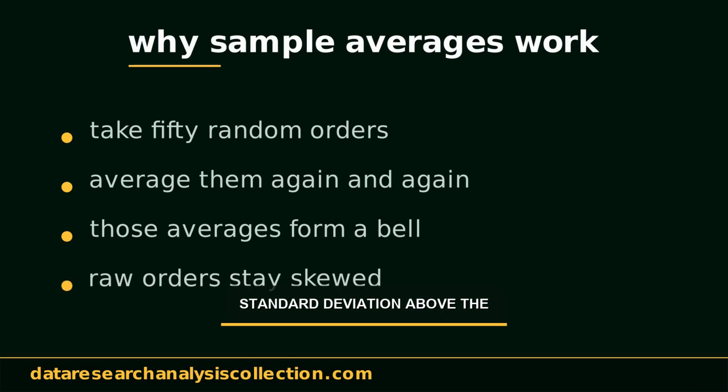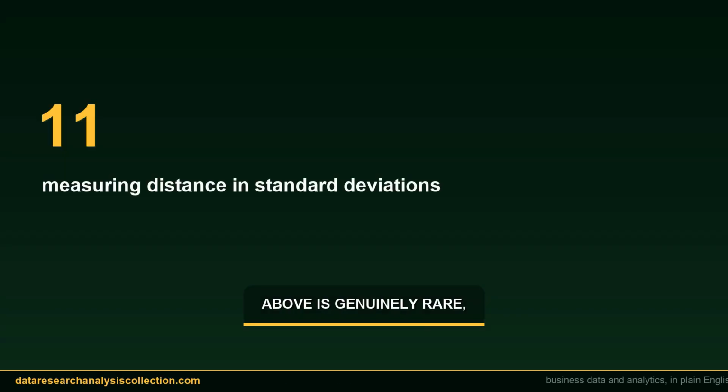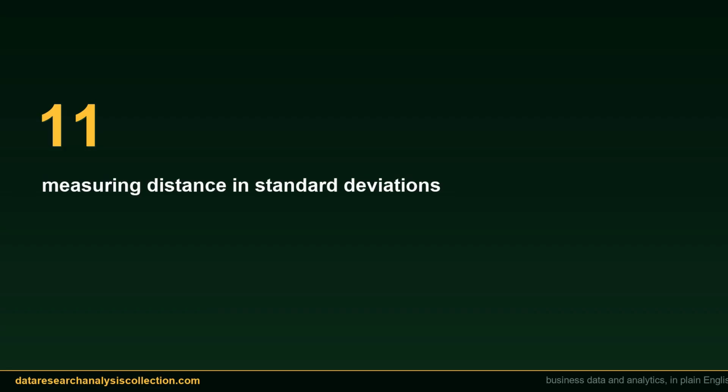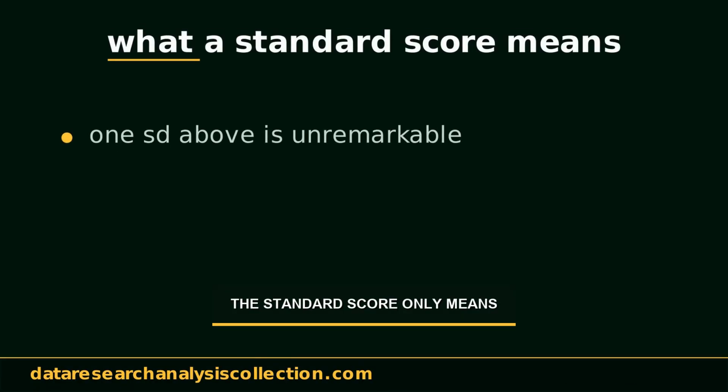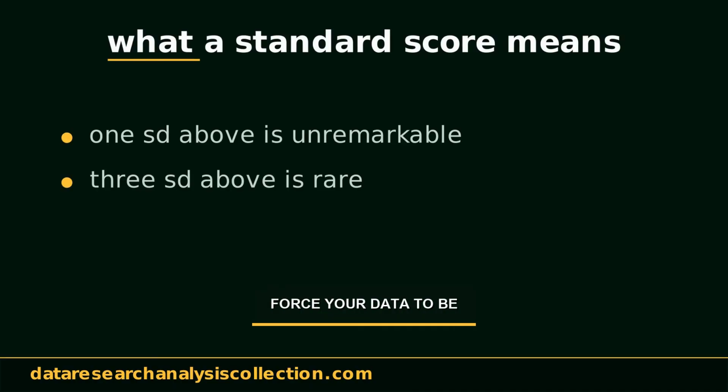A value 1 standard deviation above the middle is unremarkable, while one that is 3 above is genuinely rare, out in that far thin tail where almost nothing lives. It is a clean way to say how surprising a number is, but it carries the same string attached as everything else here. The standard score only means what you think it means when the underlying shape truly is a bell.